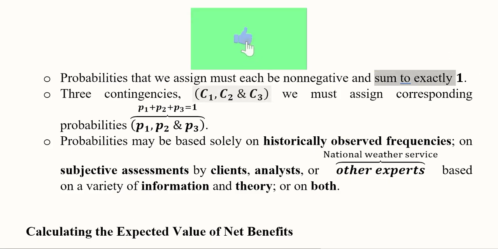Three contingencies are considered here: C1, C2, and C3. We have to assign them corresponding probabilities: the probability of state of nature C1, of C2, and of the third contingency. And definitely the sum of these probabilities will be equal to 1.